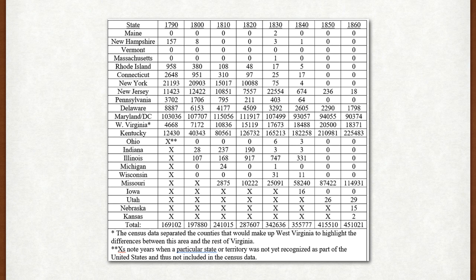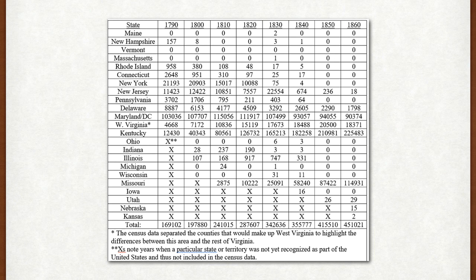Massachusetts didn't either. These numbers aren't like they had one slave, this indicates thousands. And when you get to Pennsylvania, Delaware, DC, Kentucky, there's way more slaves. So feel free to take a look at that.